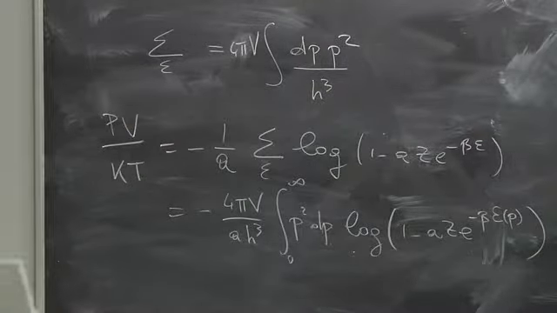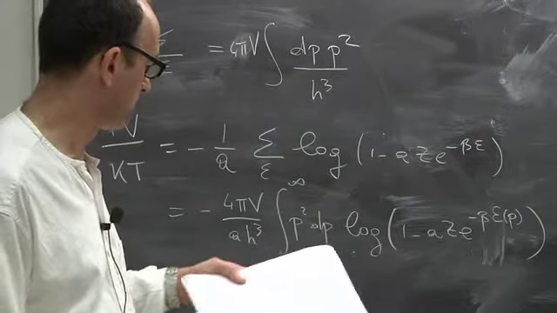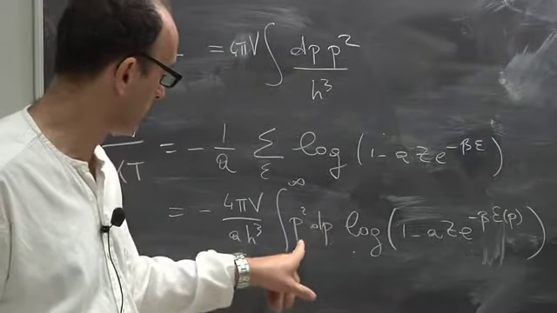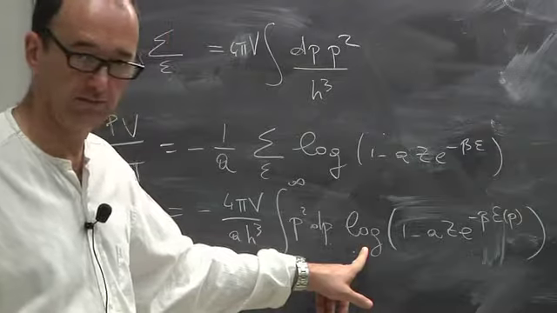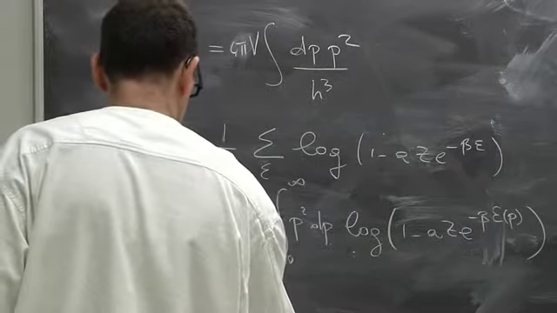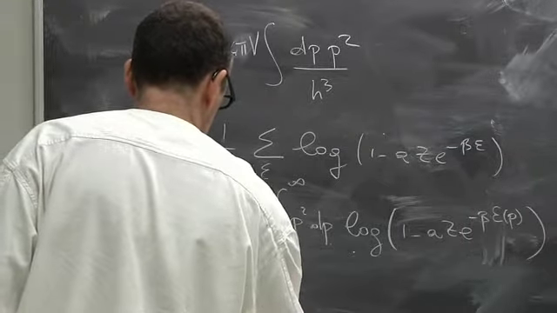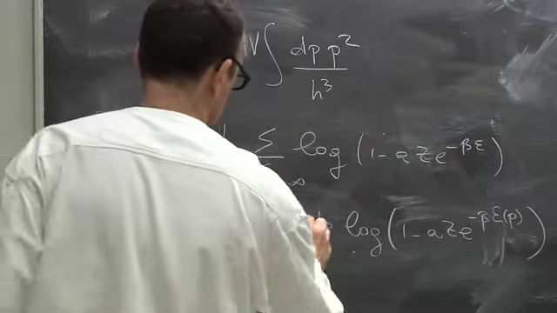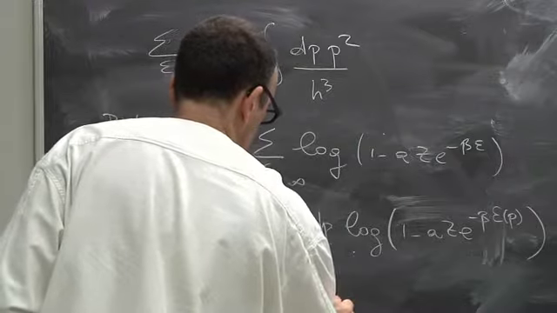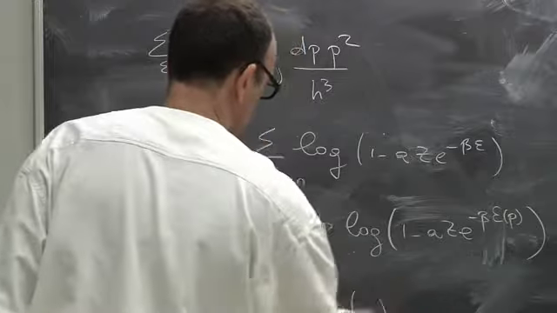Very good. So it is useful now to do a little bit of manipulation of this, to do an integral by parts. So I'm going to integrate this and differentiate this. So this is minus 4 pi V over A h cubed. And then the finite term is p cubed over 3 times the log of this thing.